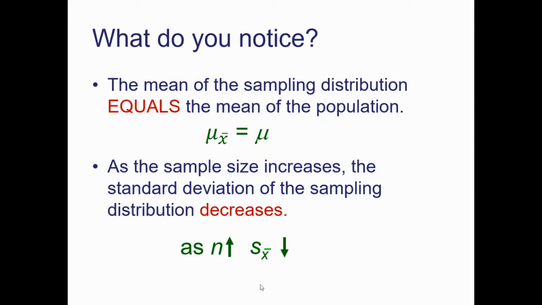Okay. So these are actual properties of sampling distributions of X bar. The first rule says that the mean of sample means is equal to your population mean. That's rule 1.